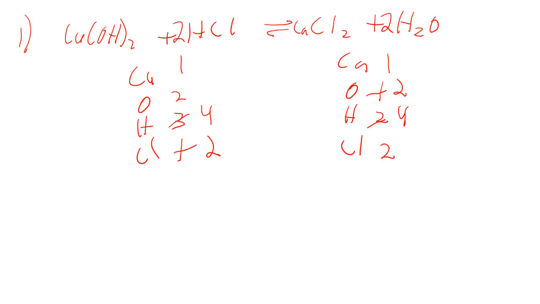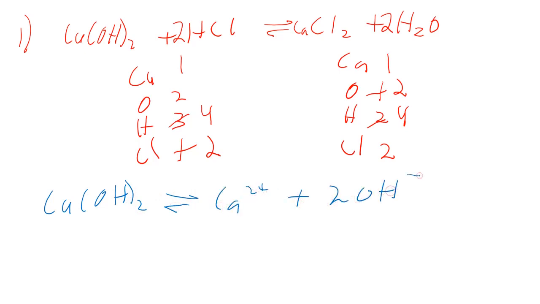Now we have 2 moles of hydroxide in this reaction, but we also have to keep in mind that when calcium hydroxide breaks apart into its ions, we get calcium plus 2 hydroxides. So we actually have 2 moles of hydroxide here. So in reality, we have 2 moles of hydrochloric acid to 2 moles of hydroxide ion, which really reduces to a 1-to-1 ratio.